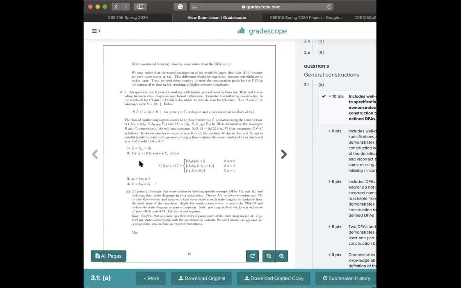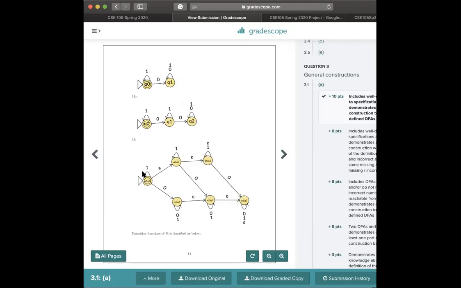This is because it requires that the states in our NFA should be in the form of the Cartesian product of the states from MB and MC. So our state in the NFA should look like this.